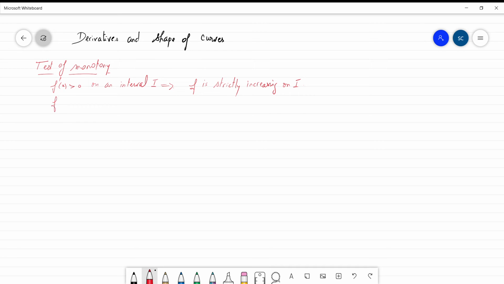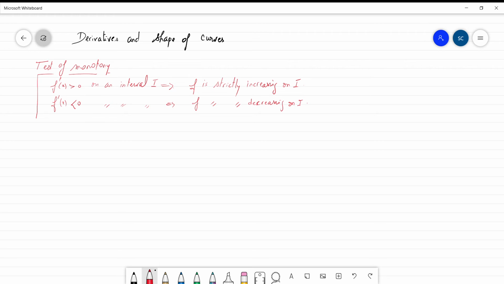If you have now the derivative negative on an interval I, then f is strictly decreasing on I. Okay, so this is the first result.